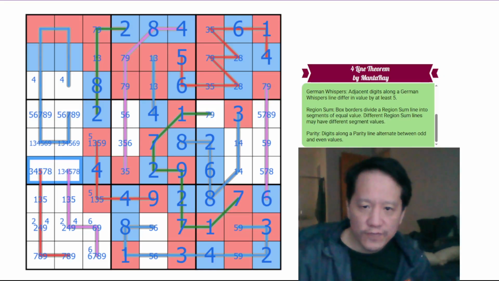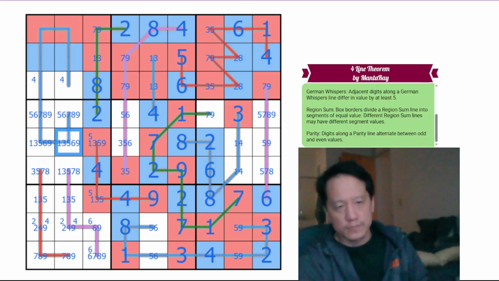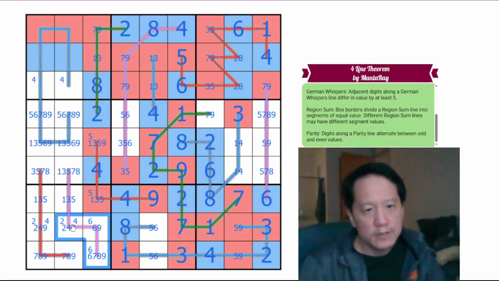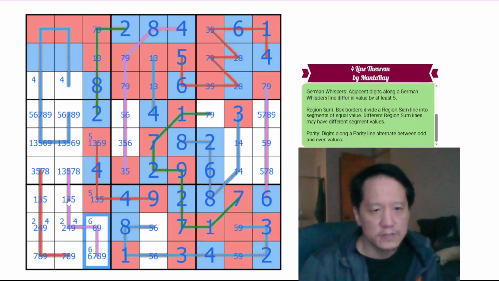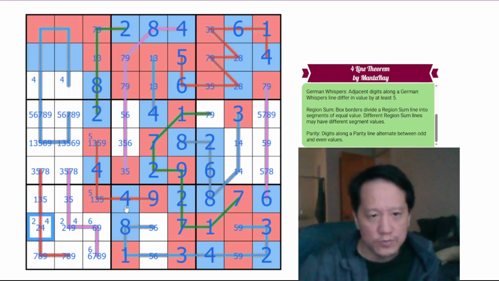This can't be 4 anymore, so no 4 here. This is Renban. We need a 6, so this can't be 1 here or here. This is parity, so this is odd, which makes this even, so this is 2 or 4.